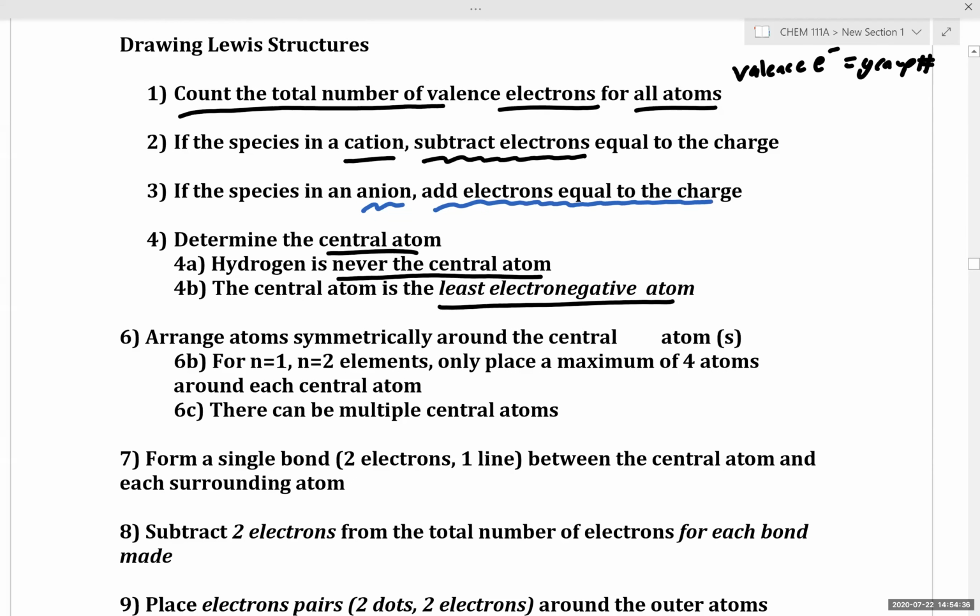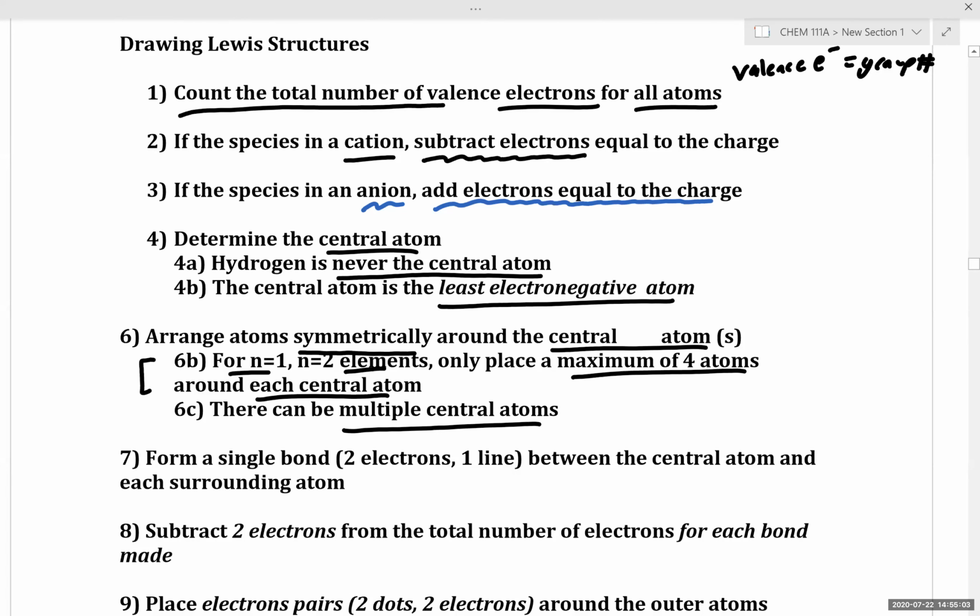Then you're going to arrange your atoms as symmetrically as possible around the central atom, keeping in mind that if you're in the first or second row, you can only have a maximum of 4 atoms around each central atom. So no expanded octets for n equals 1 and n equals 2 elements. There can be multiple central atoms, so that you have a little bit of flexibility.